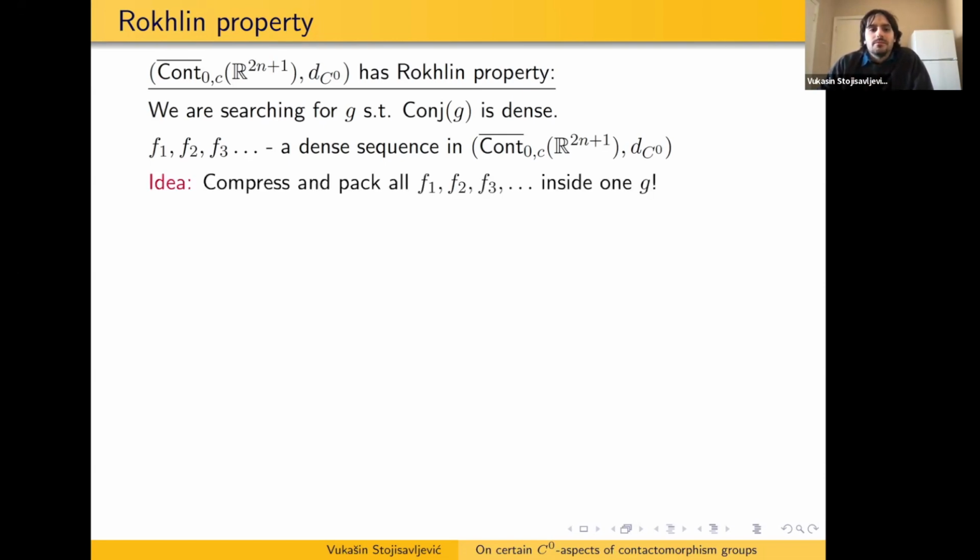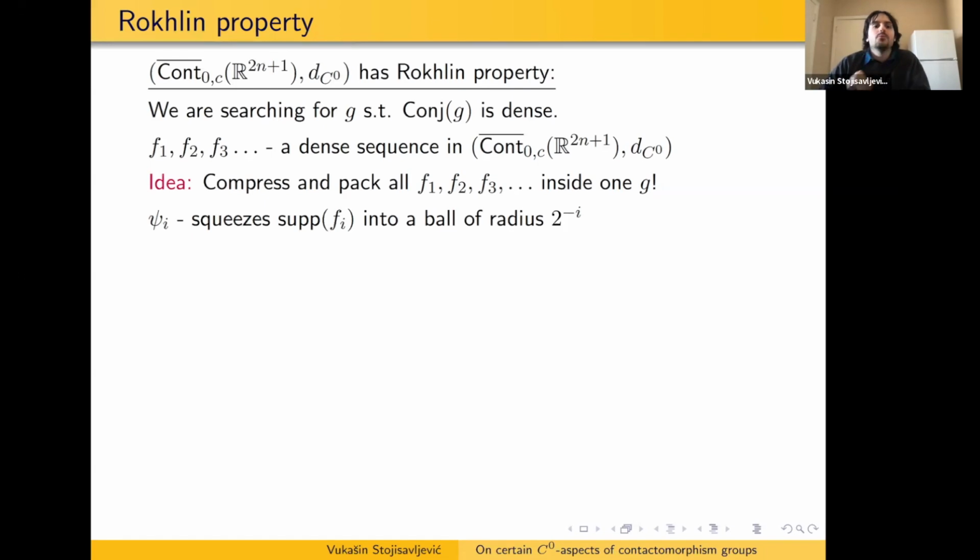So the idea behind the proof is somehow to compress and pack all of these maps inside a single g. How do we do that? Well, compress we are doing by squeezing.